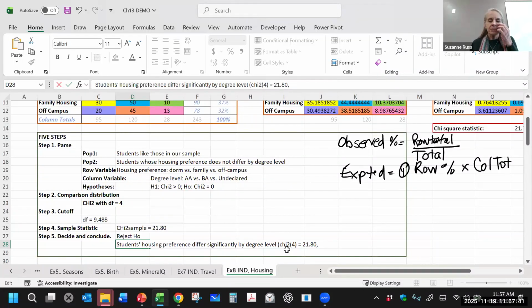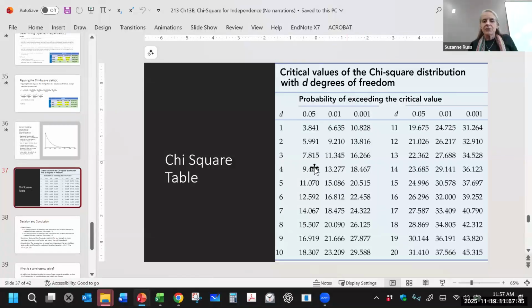Now before we put our p-value, let's take a look at this chart. If you were a researcher, you'd want to say not just that it's less than 0.05, you'd want to say how significant it was. In this case, it is even higher than the cutoff point, even using this extremely rigid level of significance. So I would put p is less than 0.001.